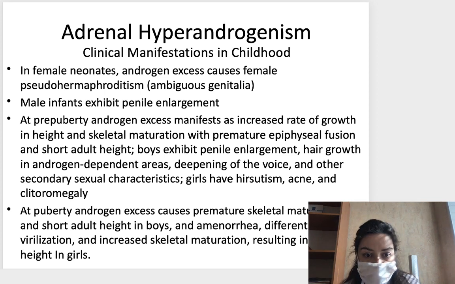At puberty, androgen excess causes premature skeletal maturity and short adult height in boys; in girls, amenorrhea, different signs of virilization, and increased skeletal maturation resulting in high height.